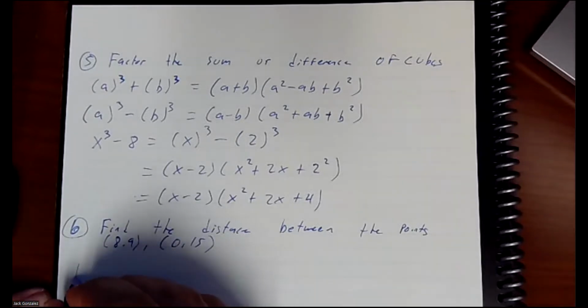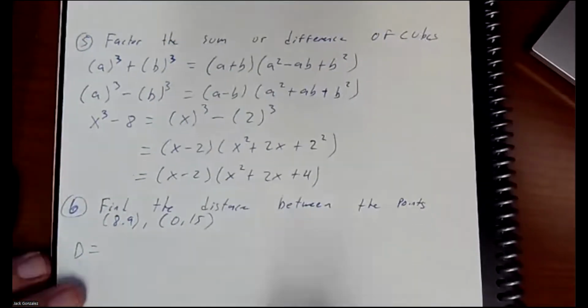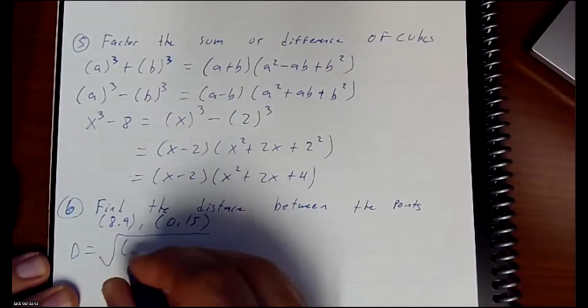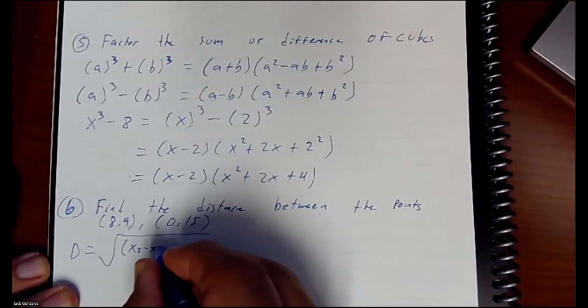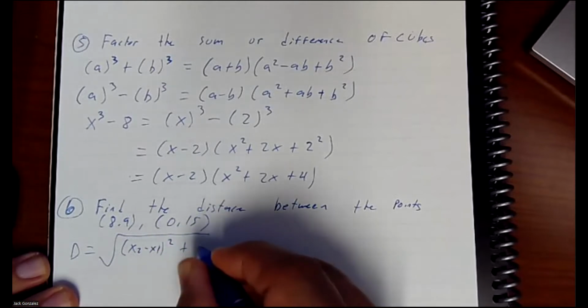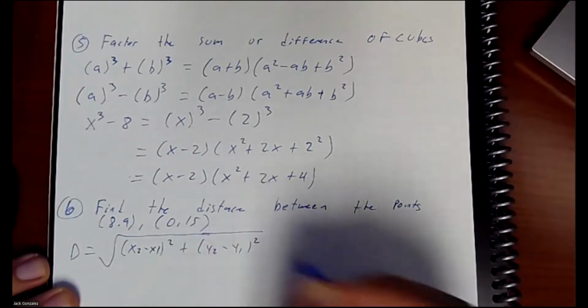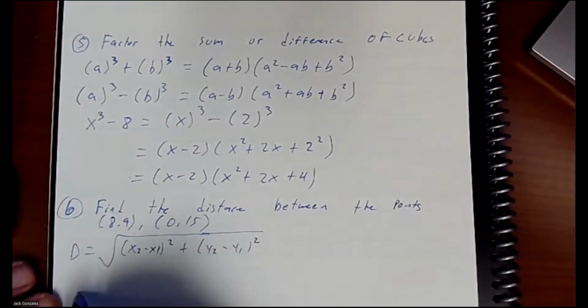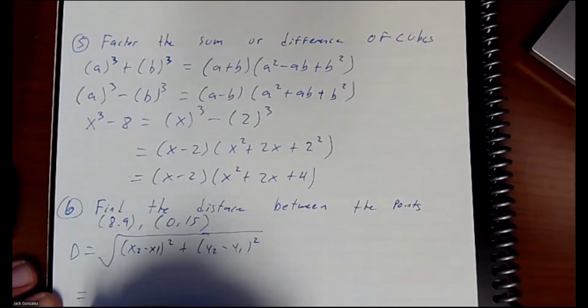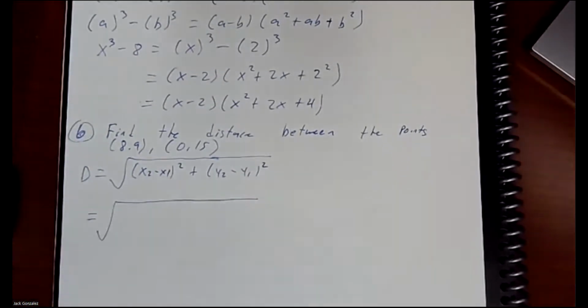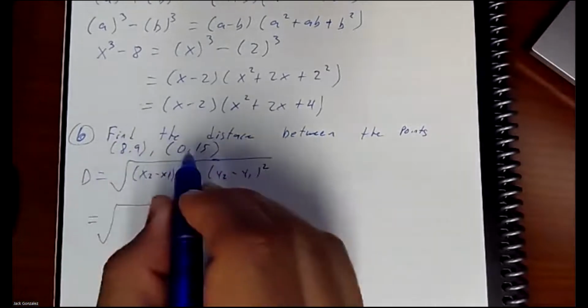So the formula for distance, we'll call it d, is equal to the square root of x2 minus x1 squared plus y2 minus y1 squared. So this is x1, y1, x2, y2.